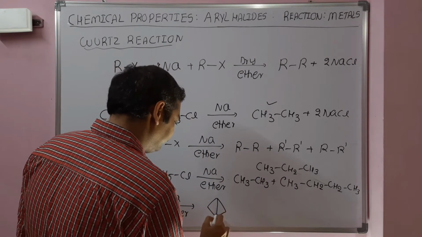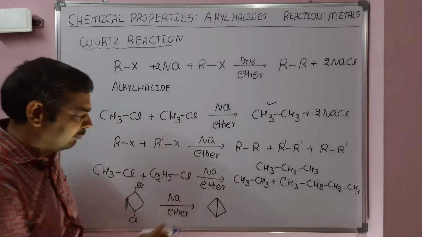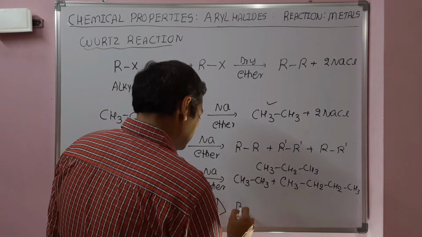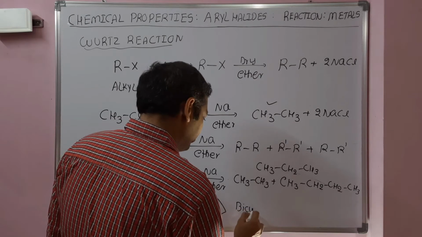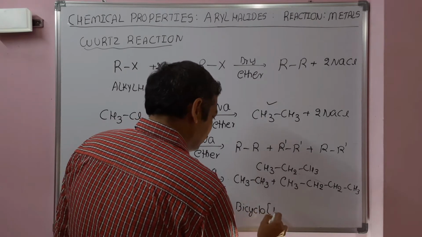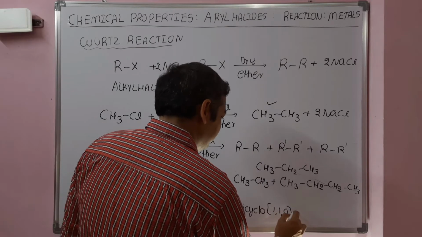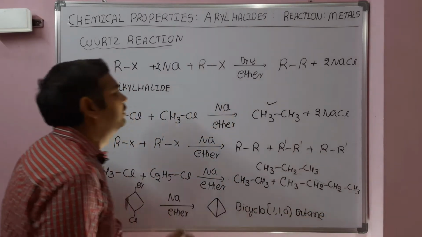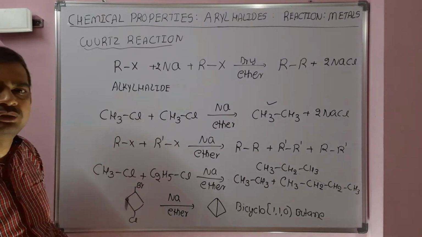What is this? Bicyclo[1.1.0]butane. Regarding these bicyclo compounds, we will make one video. These are the examples of the Wurtz reaction.